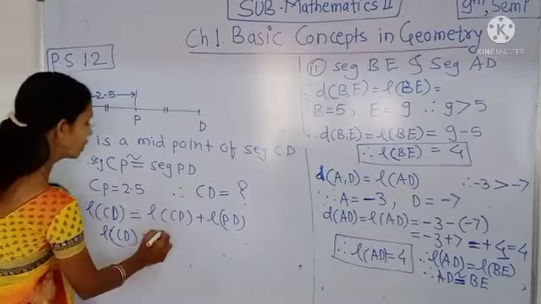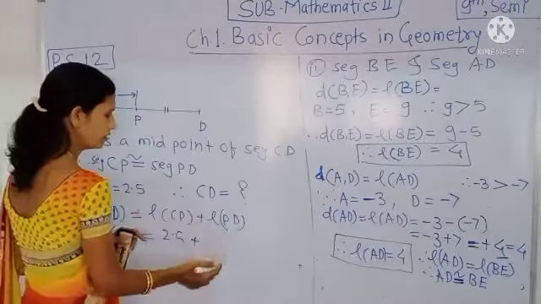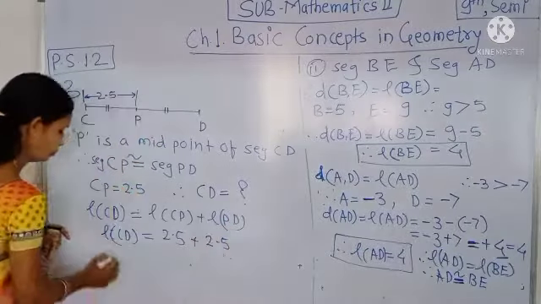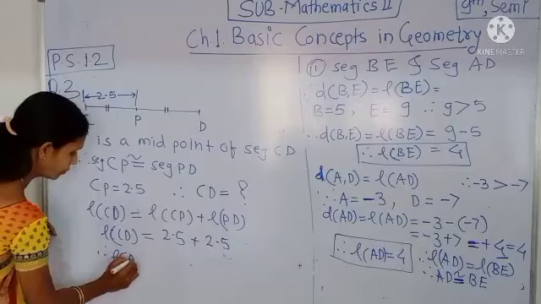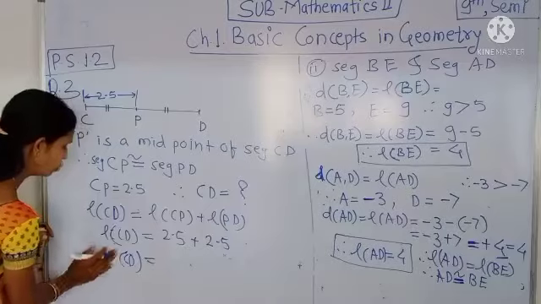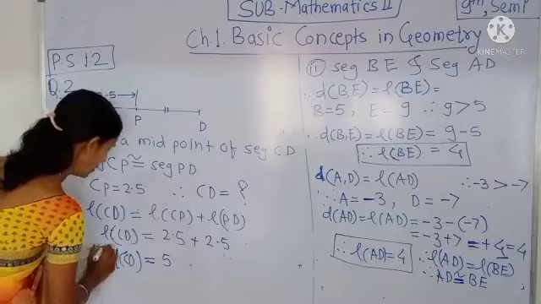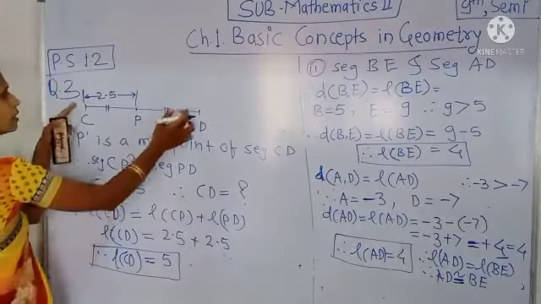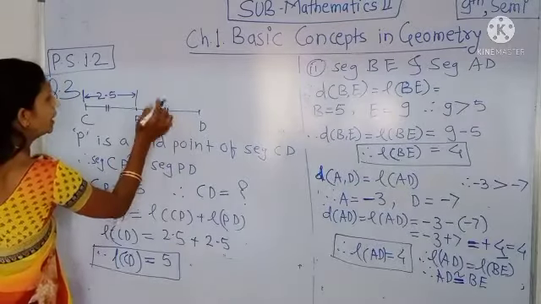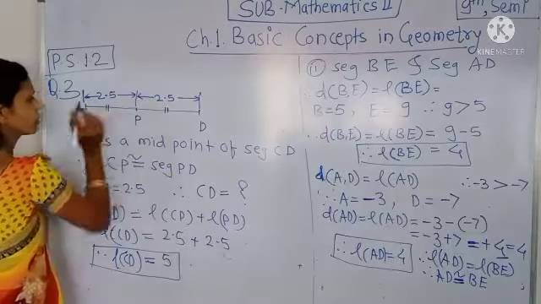The length of CP is given as 2.5 units, and as CP and PD are congruent, the value of PD is also 2.5. Therefore length of CD is equal to 5 units.